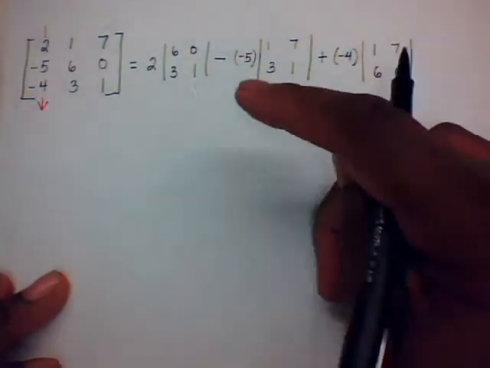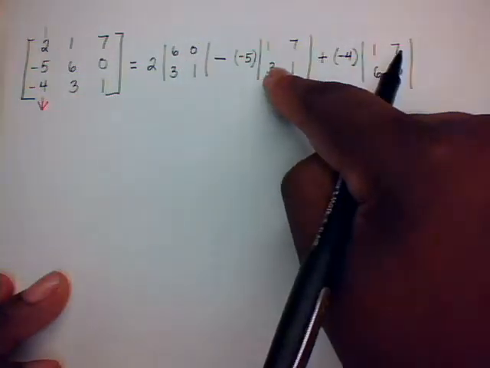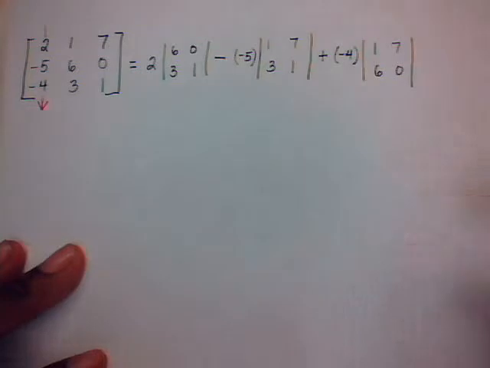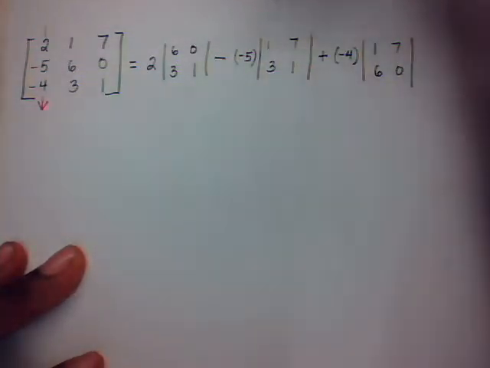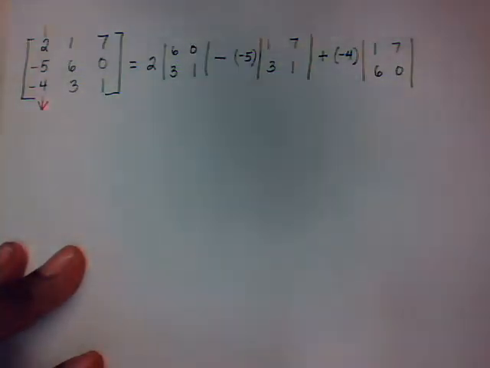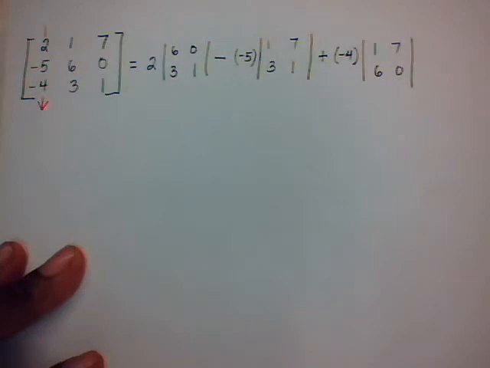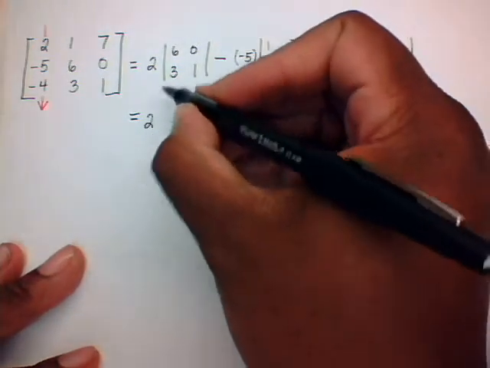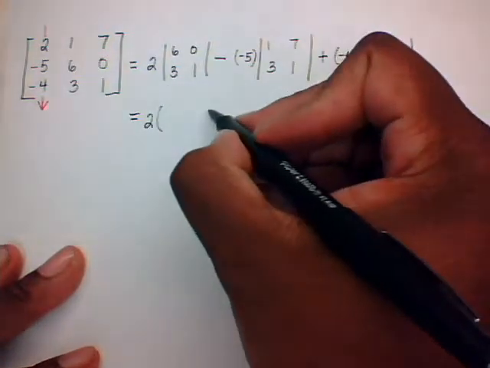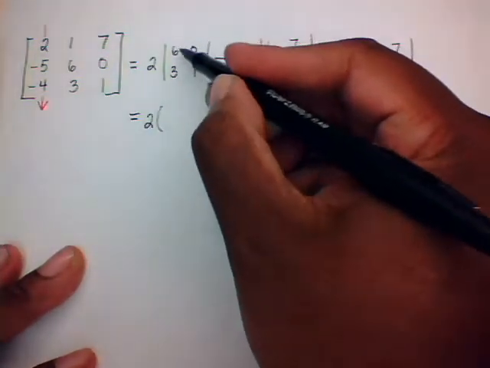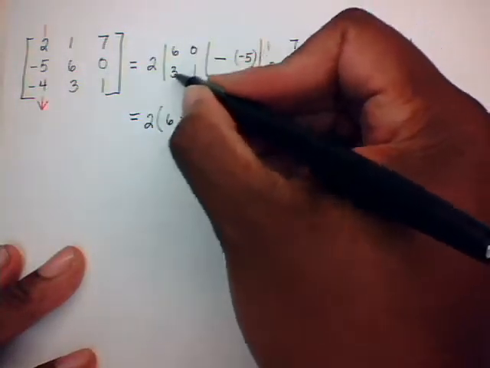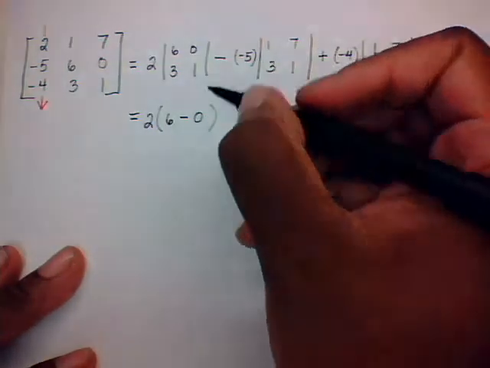Now what I'm going to do is take the determinant of each individual second order 2 by 2 matrix, multiply it by the number on the outside, and simplify it all together. Let's start with this one. Bring down the 2 times 6 times 1, which is 6, minus 3 times 0, which is 0.